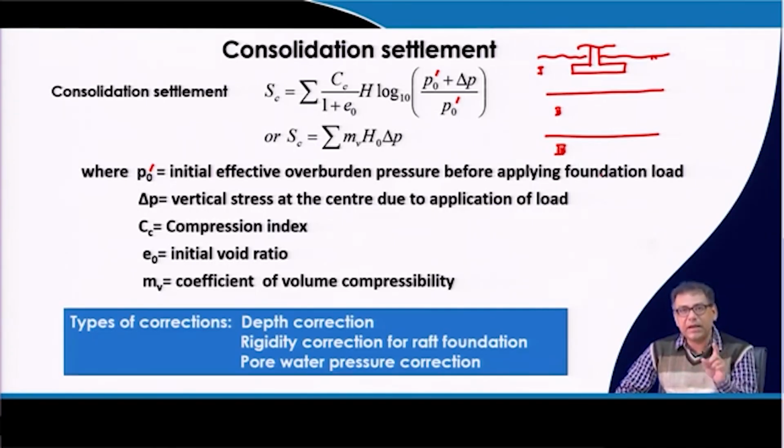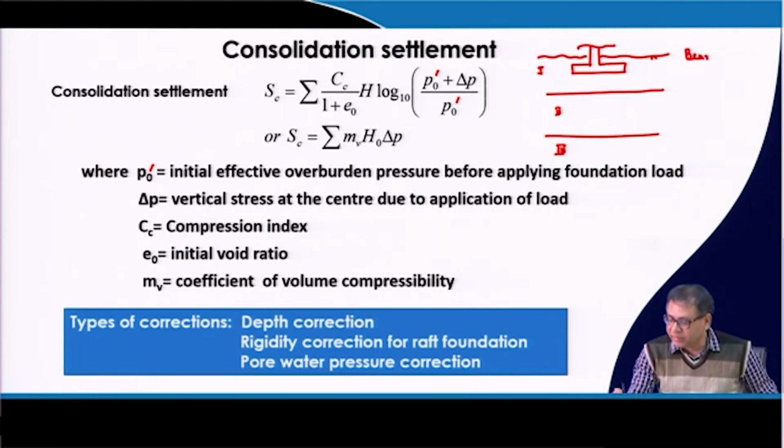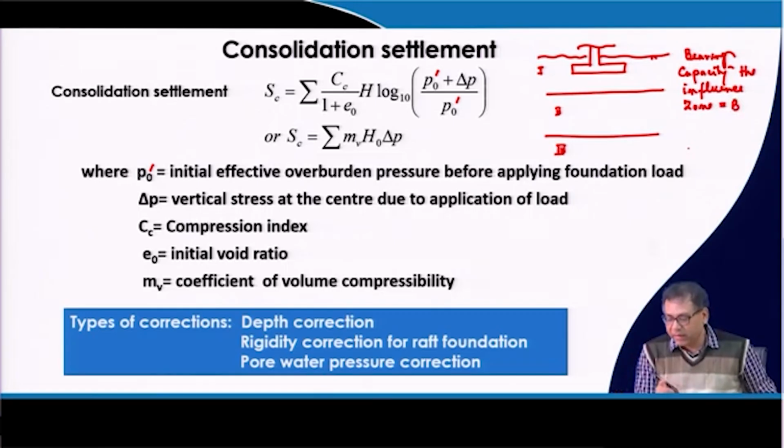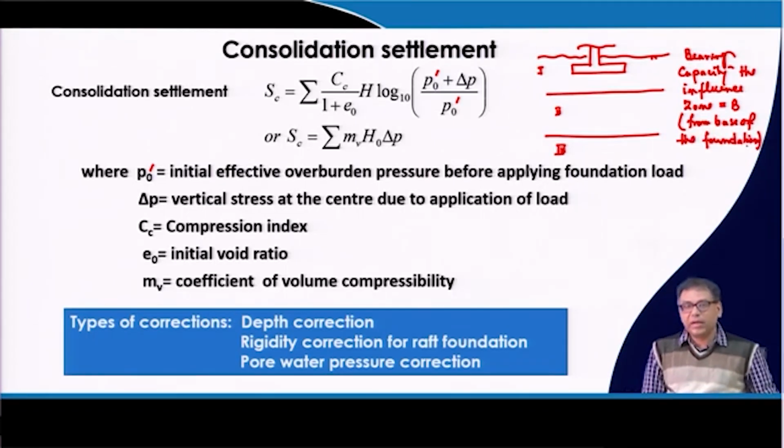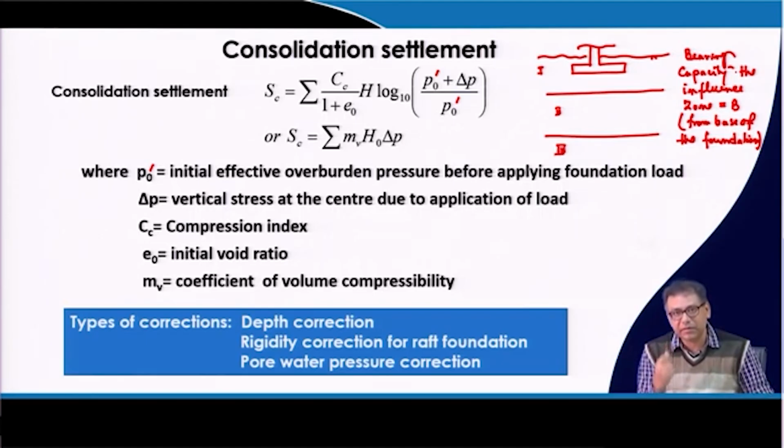That means for bearing capacity calculation, the influence zone is taken as B from the base of the foundation.